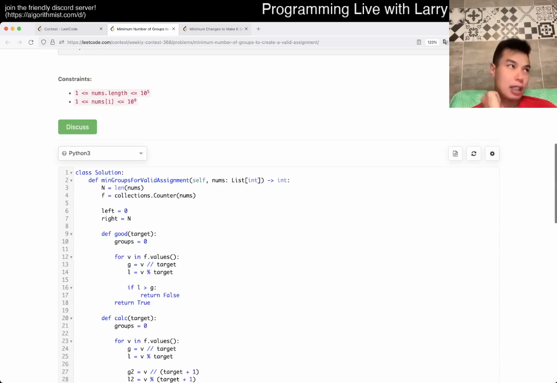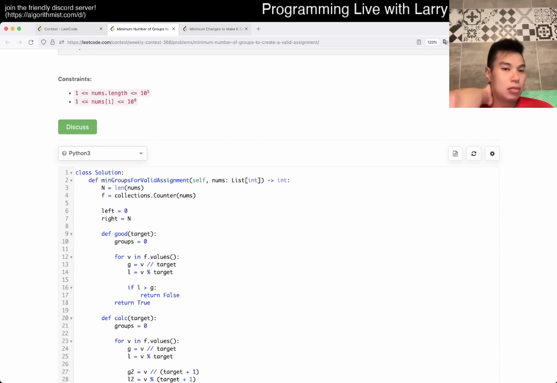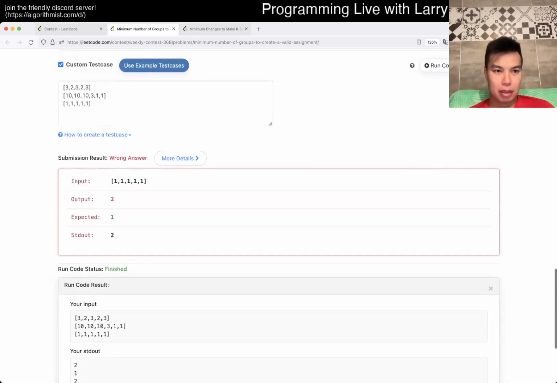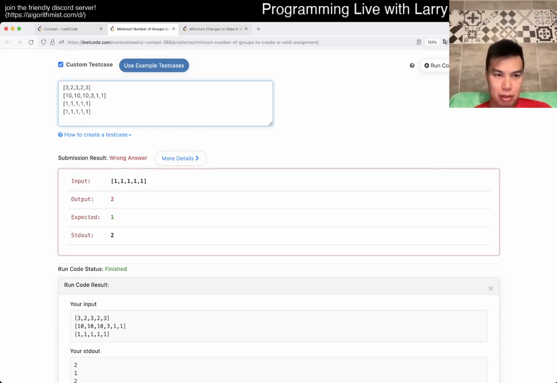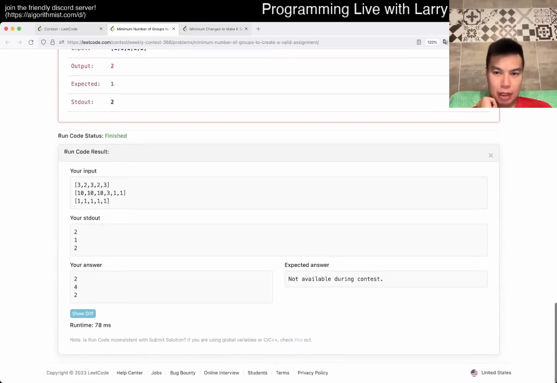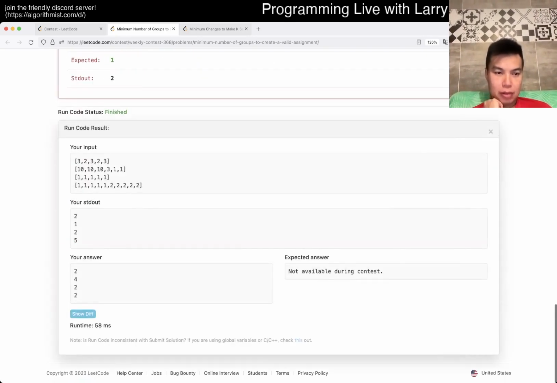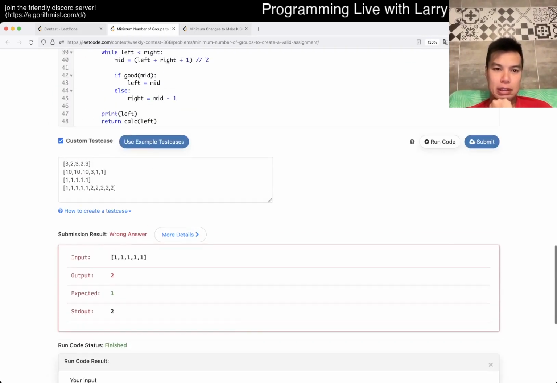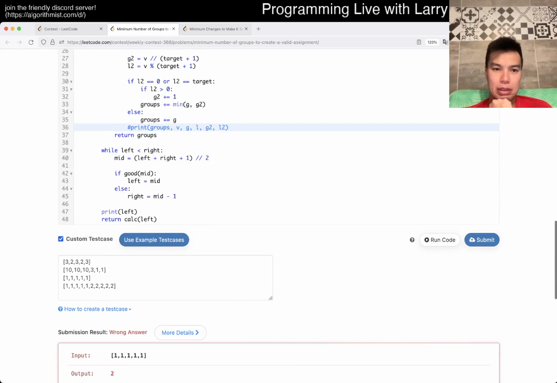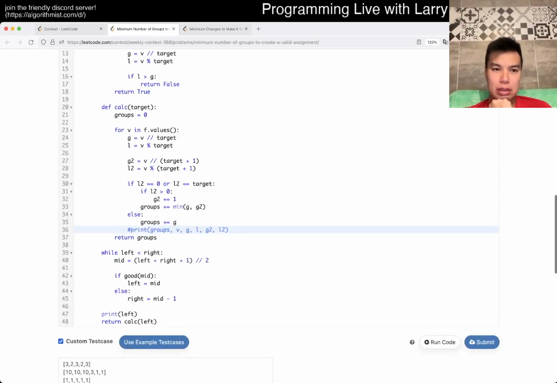Is this the only case? No. Let's see, right? What would I return for this? I should return 2. How is this getting 5 but not this? What is the difference here?